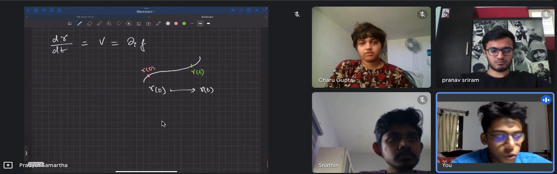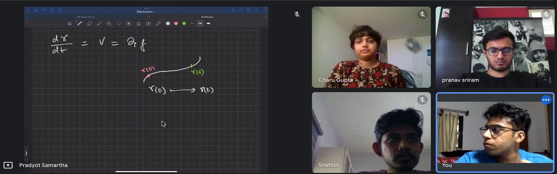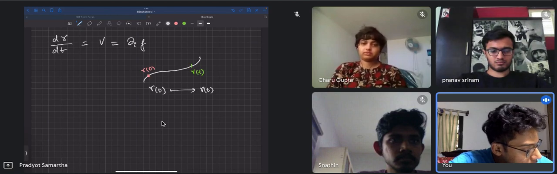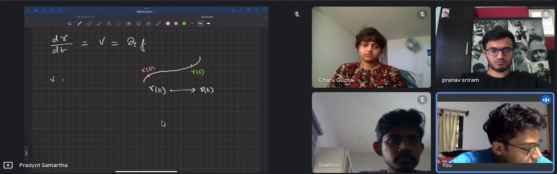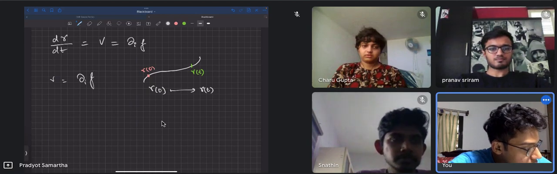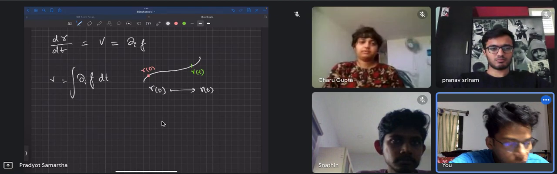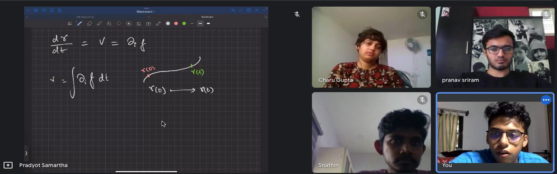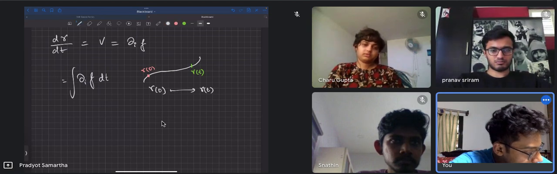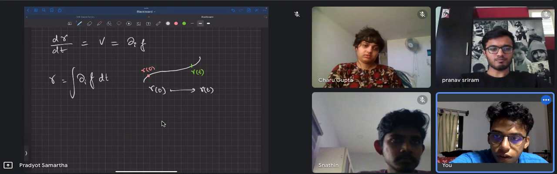If you just apply it to a physics problem, you can say that your curve is governed by your directional derivative. So that becomes the definition of your curve.